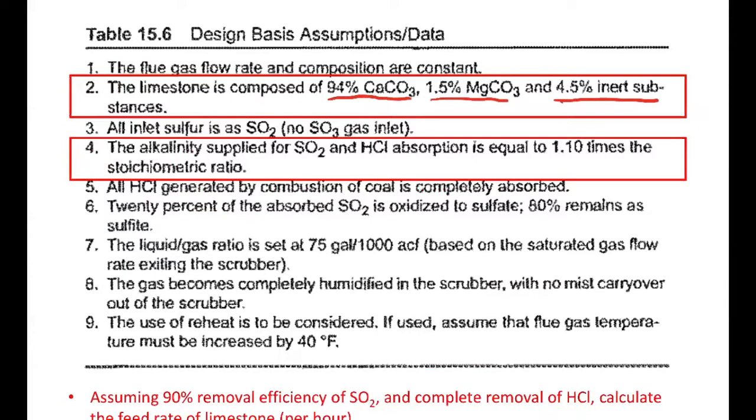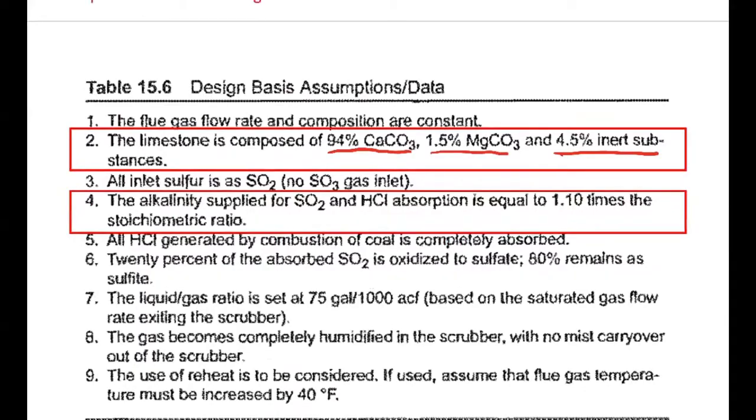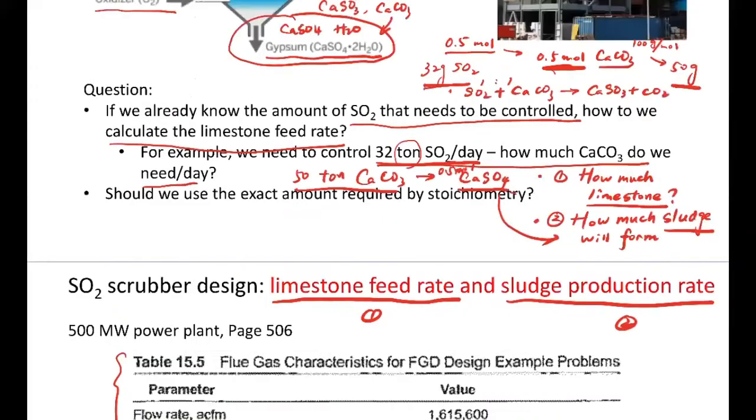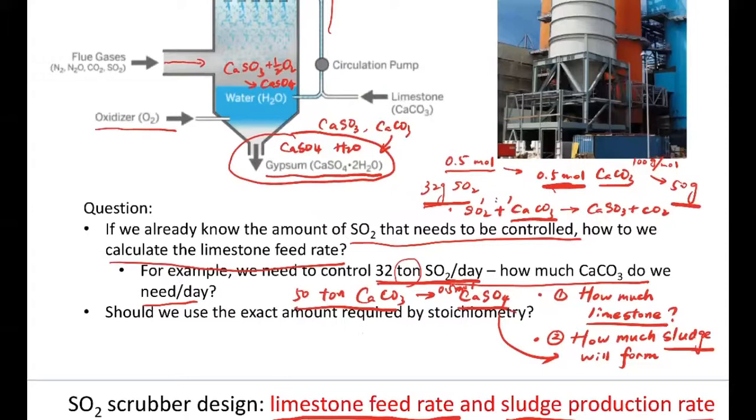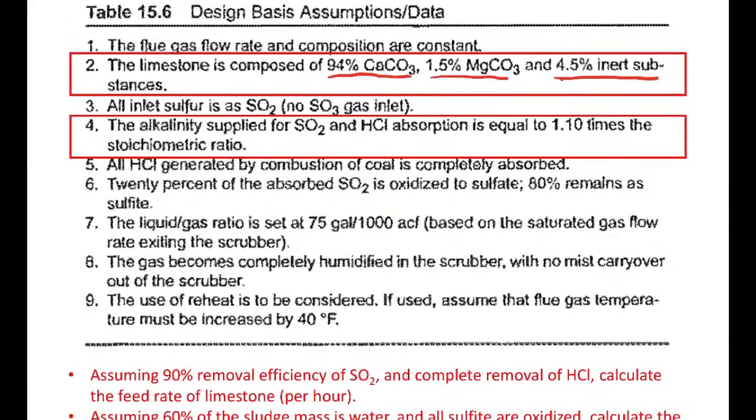But this shouldn't affect the solution a lot because we're not letting these acidic gases react with calcium carbonate. We're actually letting them react with the carbonate ions, right? So it doesn't matter whether it's calcium carbonate or magnesium carbonate. As long as we know the carbonate needed for this neutralization reaction, we should be able to relate that to the limestone.